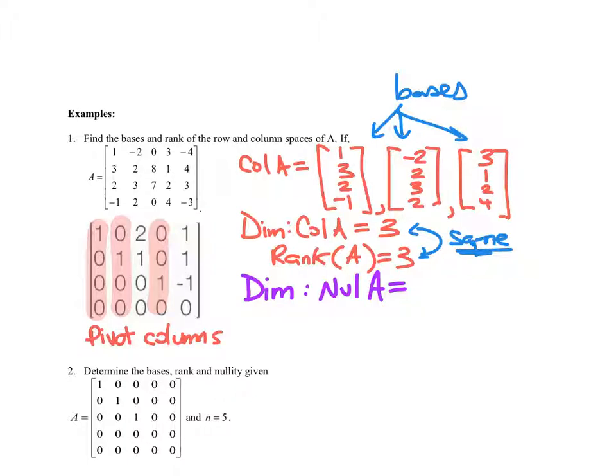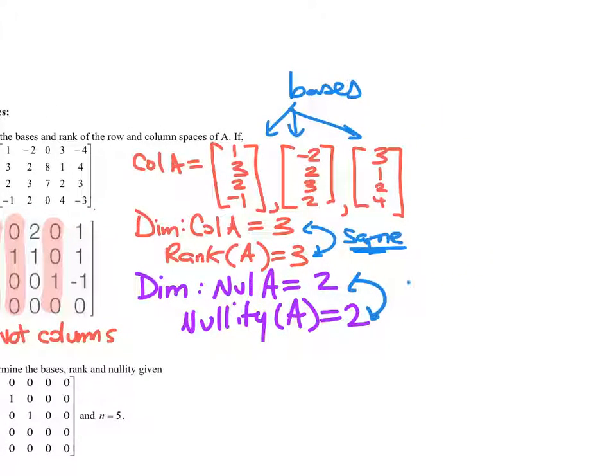So the remaining 2 of them have to be related to the null space. All right, so that means the nullity of A is equal to 2. Because again, these 2 things are the same. Always.